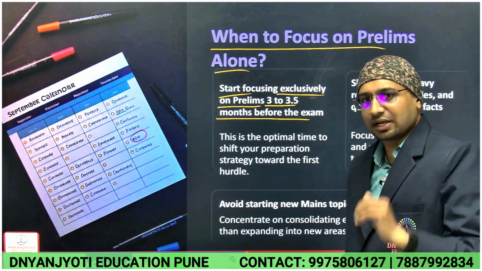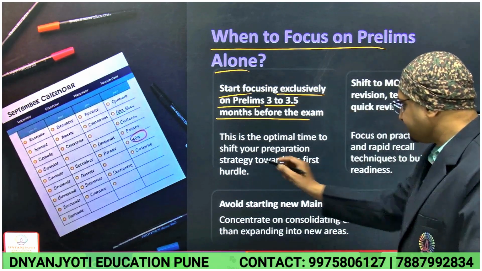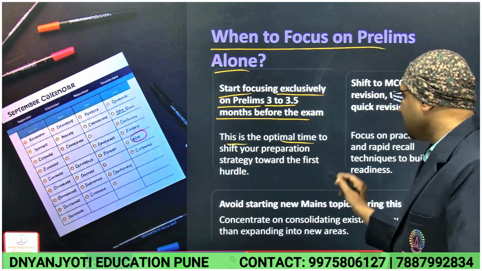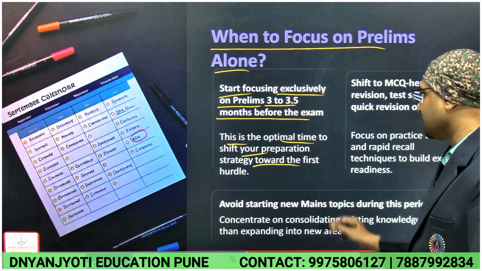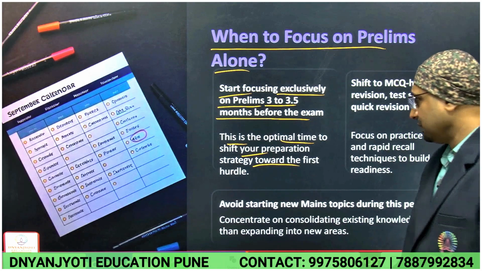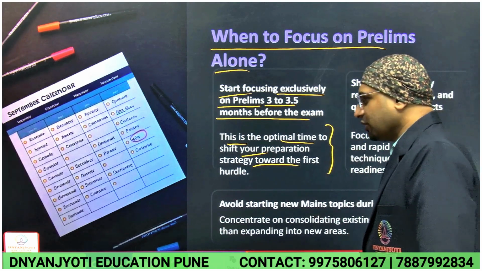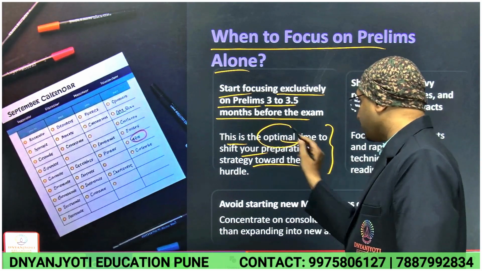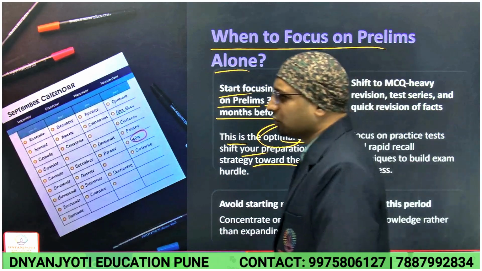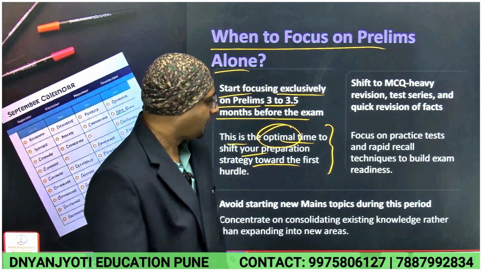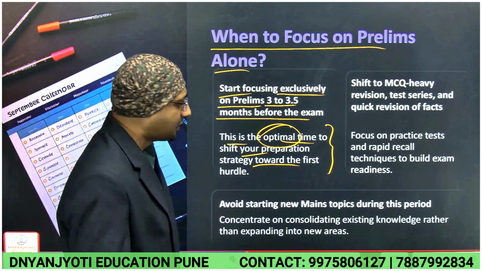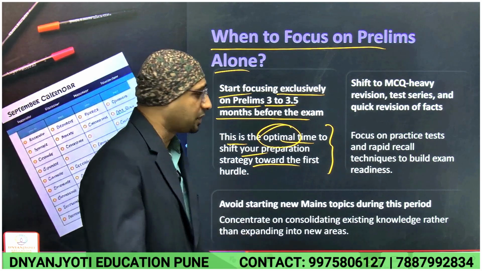All the aspects are very crucial here. Then this is the optimal time to shift your preparation strategy toward the first hurdle. Optimal time means a suitable time, but again, I have already mentioned that it will depend on the person.